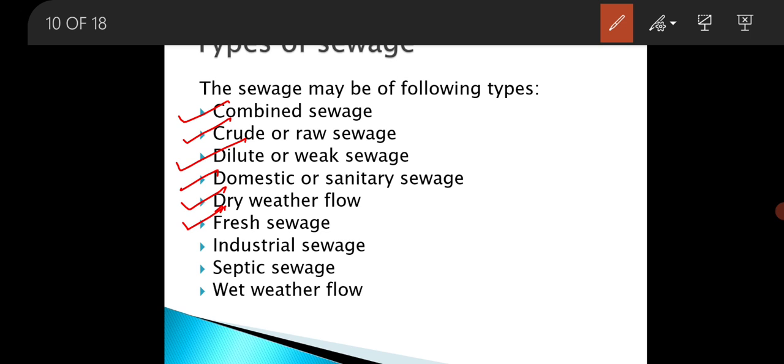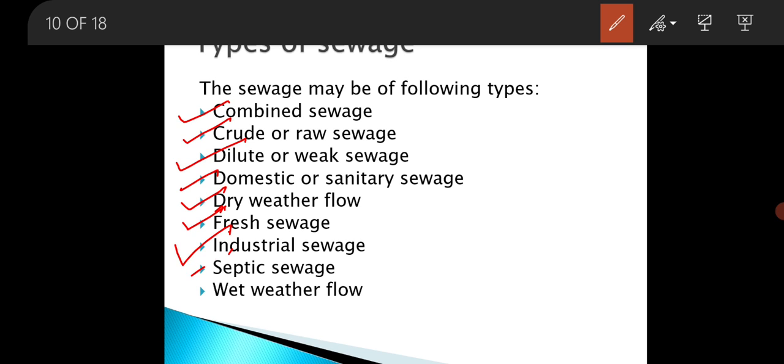Then fresh sewage. Fresh sewage is used to indicate the sewage which has been recently originated. Then industrial sewage. Industrial sewage is used to indicate the sewage in which the industrial wastes are mainly present.